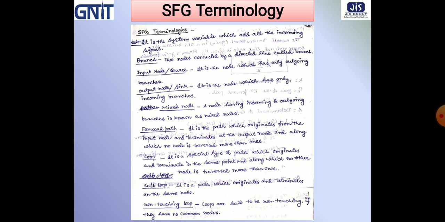It is the path which originates and terminates on the same node. Non-touching loop: two loops are said to be non-touching if they have no common nodes. If there are any common nodes, then it is a touching loop. We'll see this type of loops in our examples.